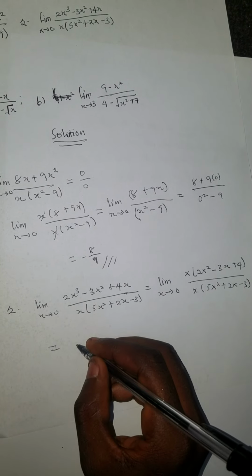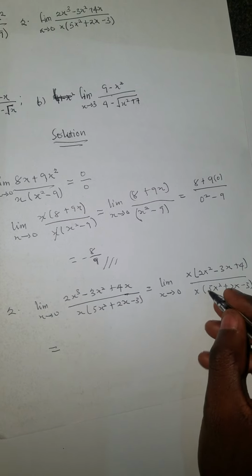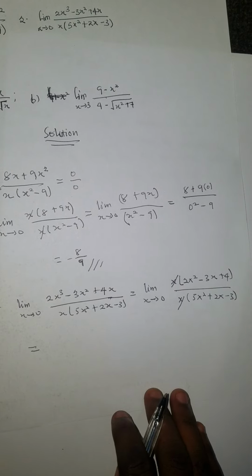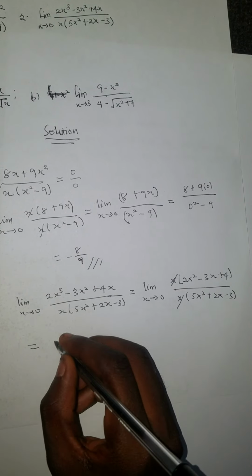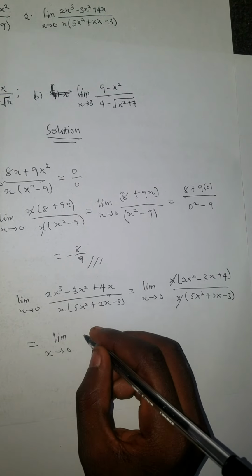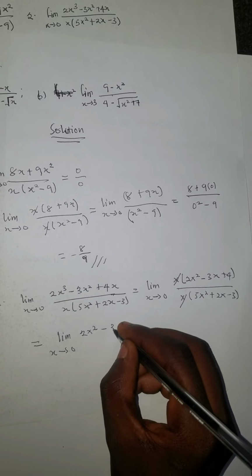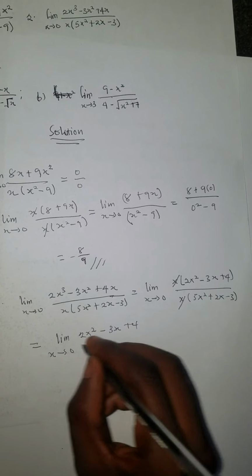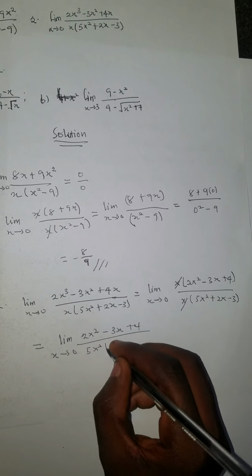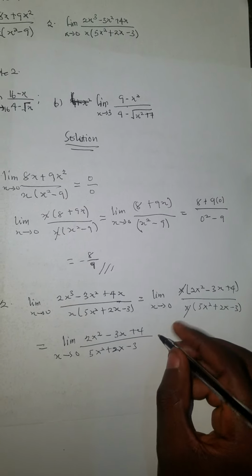Now x will cancel x, and then we'll have lim where x is approaching 0 of 2x squared minus 3x plus 4 all over 5x squared plus 2x minus 3.